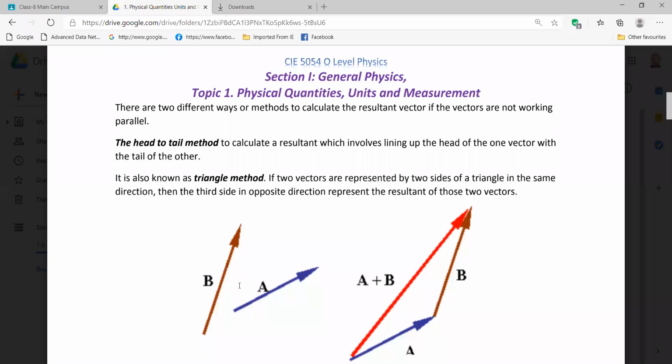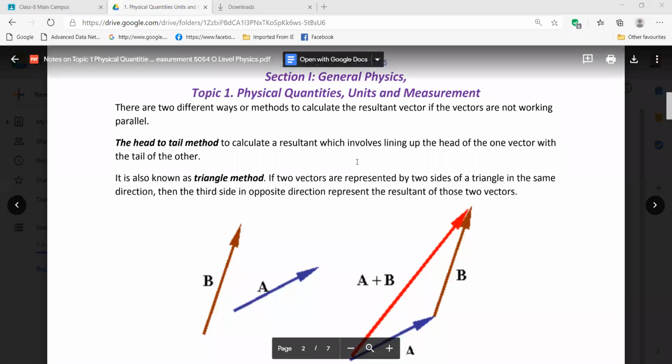You might have that formula in mathematics to calculate the resultant of two vectors. Can you remember that one? There is one formula like this. If you know the magnitude of two vectors, then you can do it that way.